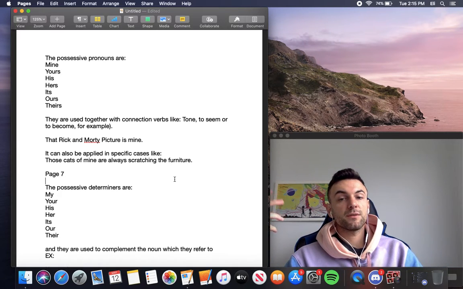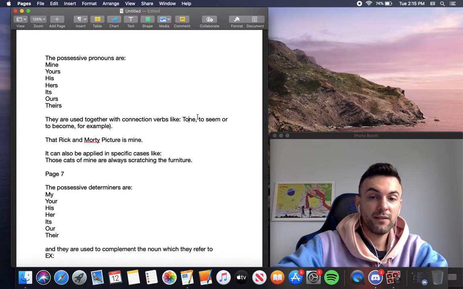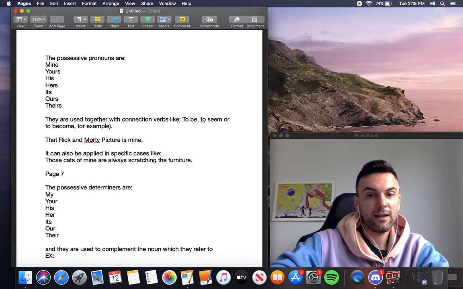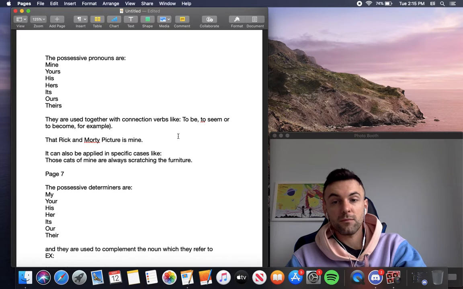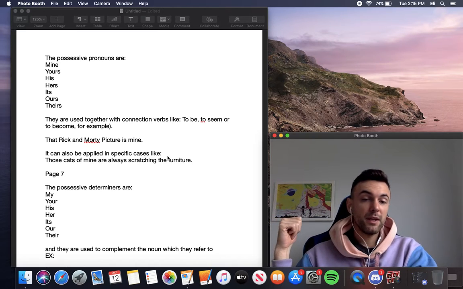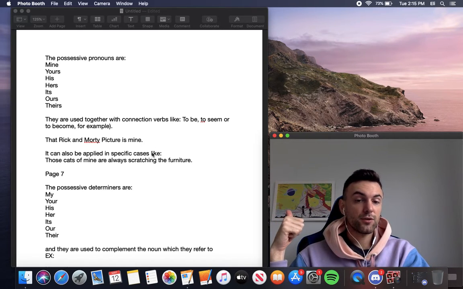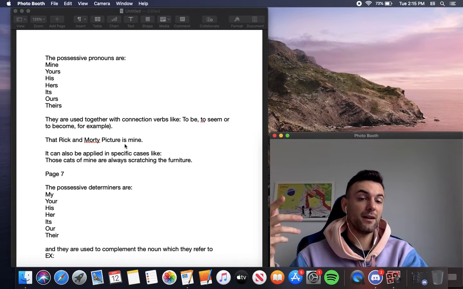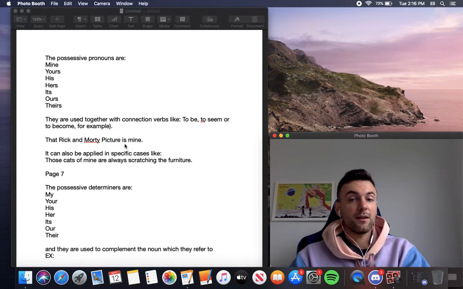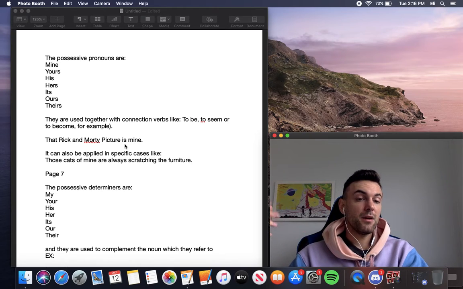These connection verbs, like to be, to seem, or to become. For example, the Rick and Morty picture over there is mine. So I use it together with the verb to be, and that Rick and Morty picture is mine. It seemed to be mine, or it became his or hers.